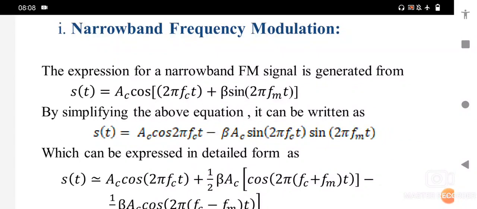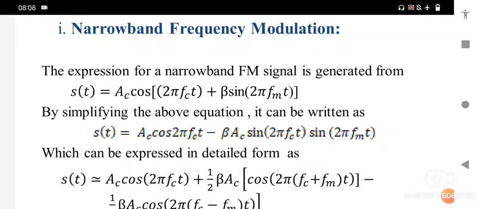According to the single tone frequency modulated wave, that is given by S of t is equal to AC cos of 2 pi fct plus beta sin 2 pi fmt.